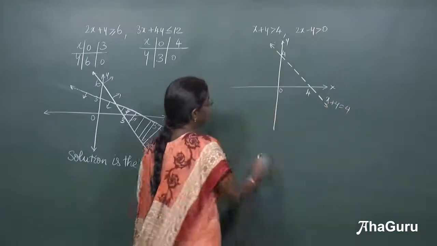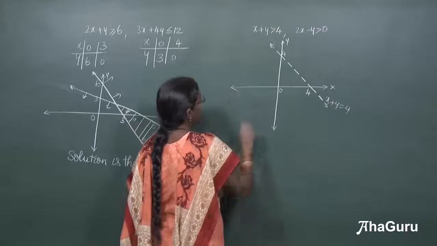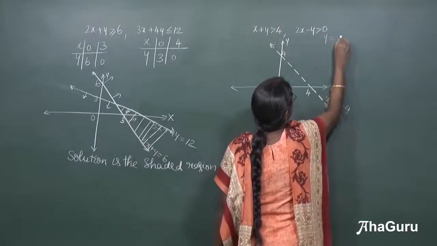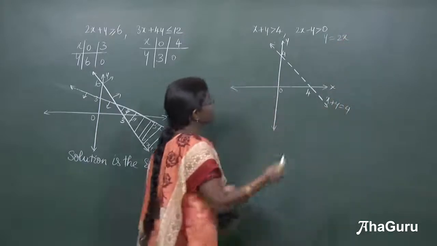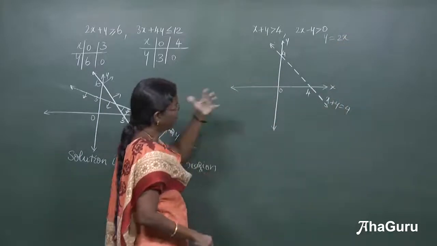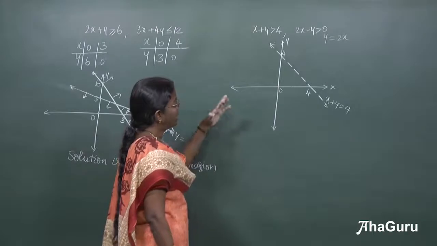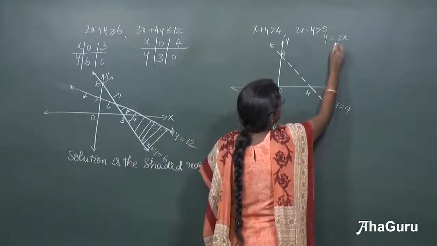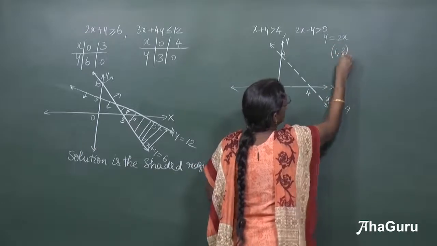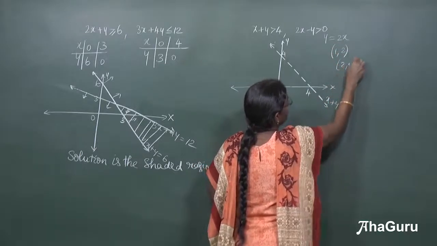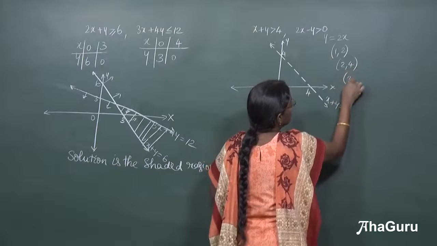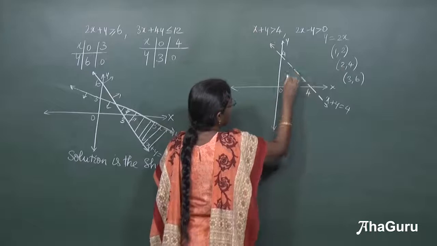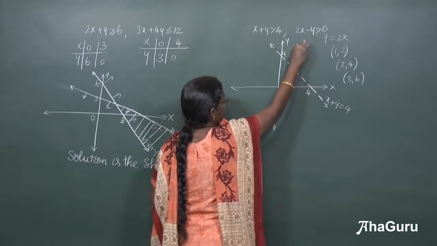Okay. Now, the other inequality given, when you actually draw it, it is y is equal to 2x, region we will bother about later. Y is equal to 2x is a line which passes through the origin. If you consider some points here, it will be like 1, 2, 2, 4, y is equal to 2x, 3, 6 and so on. So, the line if you draw it, is going to look like this.